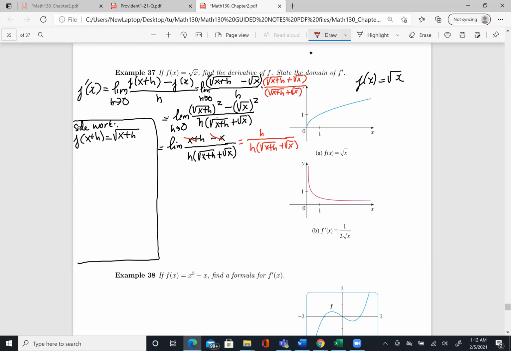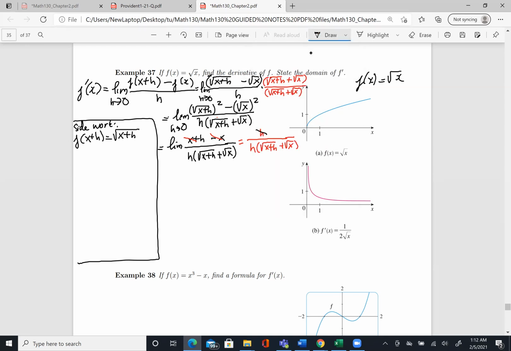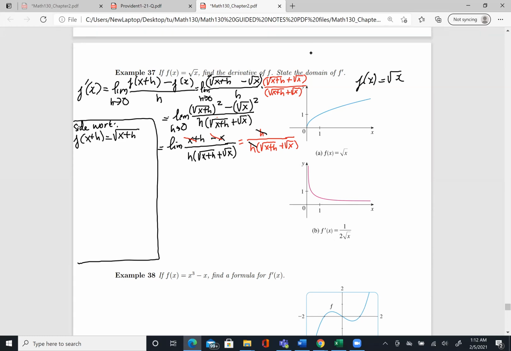So you can easily cancel the top and bottom with the common factor h. And remember that you still have the number 1 on the top here, and don't forget the limit, right?